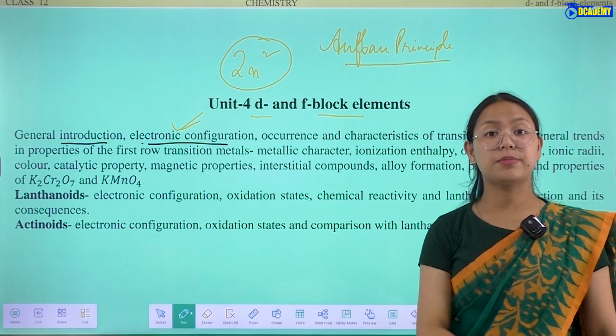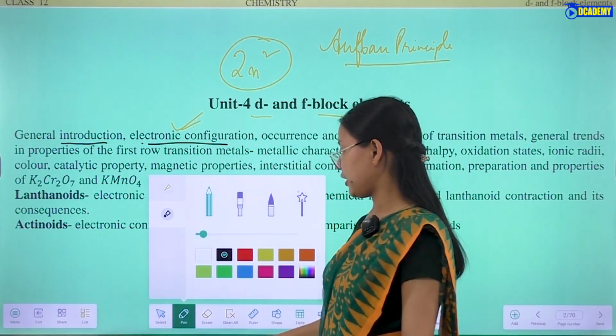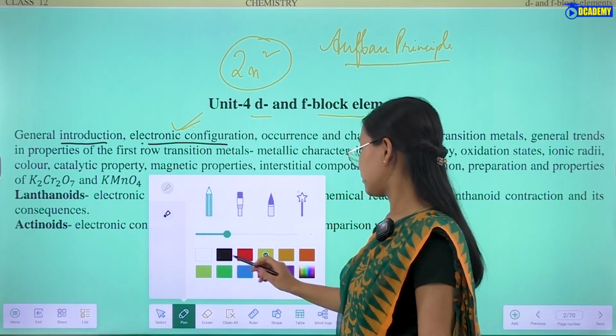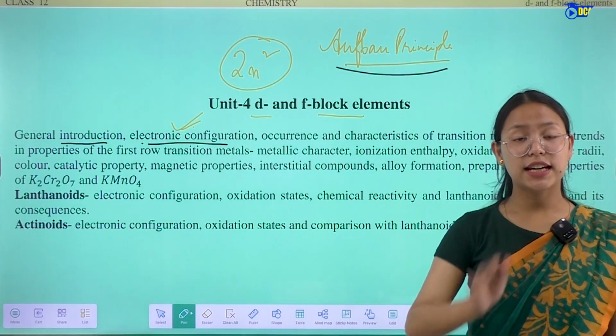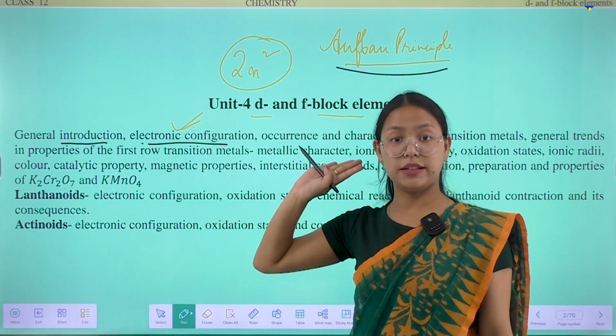So here we are going to study electronic configuration according to those principles.